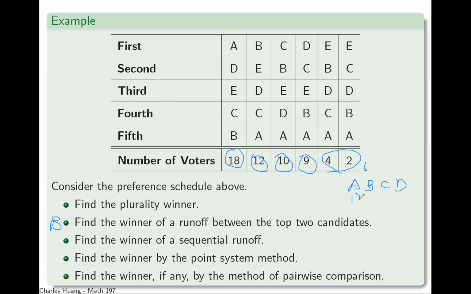The 18 people still vote for A, 12 people still vote for B, 10 people still vote for C, 9 people still vote for D. You'll notice the only difference here is we had to find out who the 6 people who originally voted for E are going to vote for now.